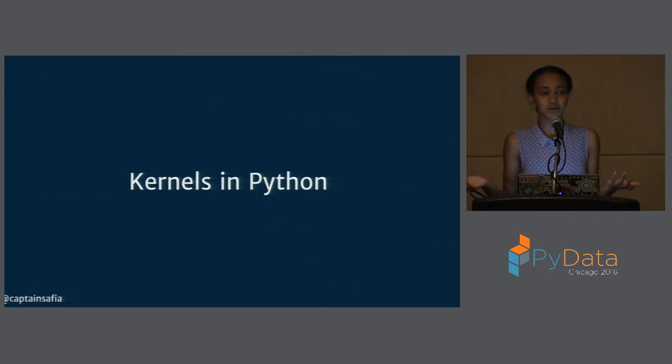So for example, if I was trying to build a Ruby kernel, I would launch the IRB process, which is Ruby's interactive console, and send messages back and forth to that and have it doing the actual execution. So that's how you write kernels in Python. And that's what we're going to be doing later on in our quick little exercise. So you guys are going to get really comfortable and get your hands dirty with that.